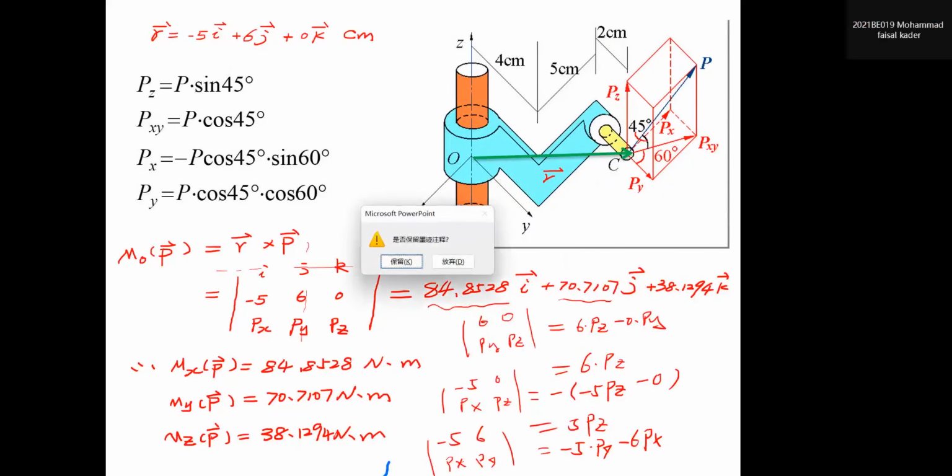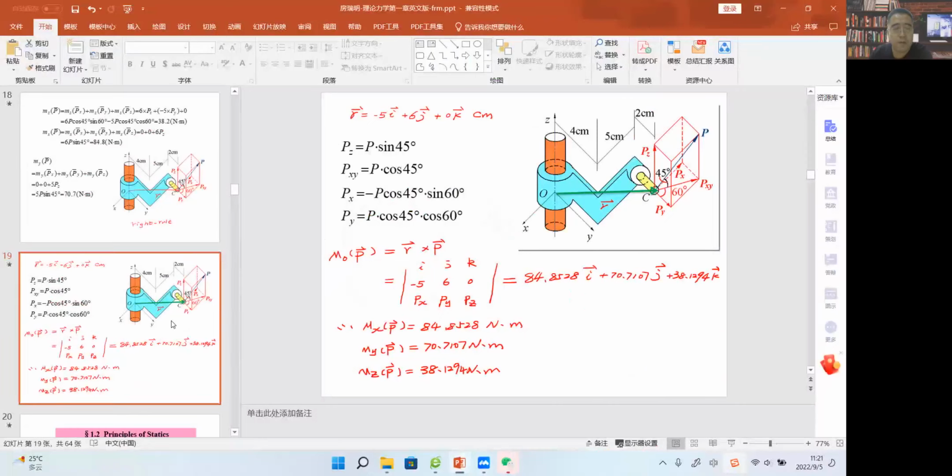Okay, please, can you explain Px? I can understand Px equals minus P cos 45 and sin 60. Can you explain this? I'm sorry, I cannot totally understand your English because my English is limited.